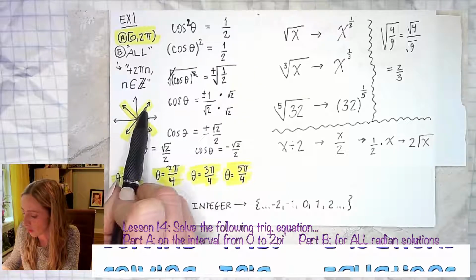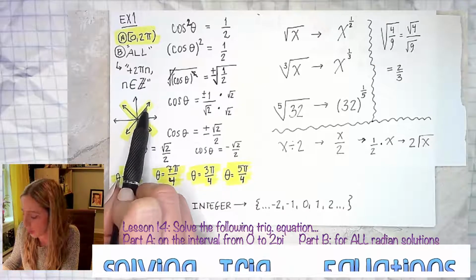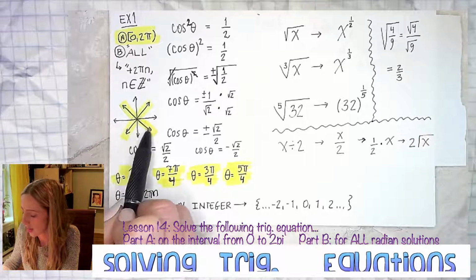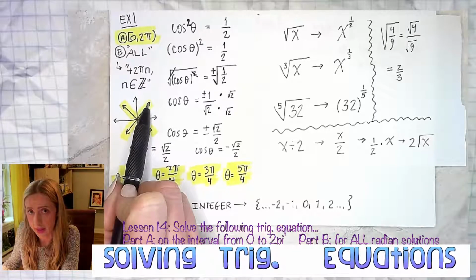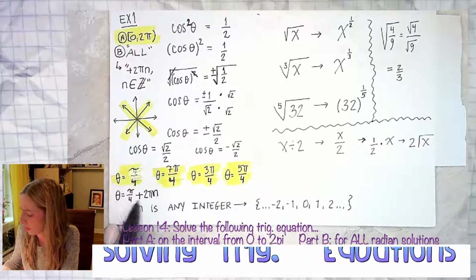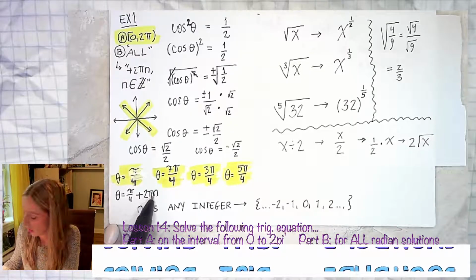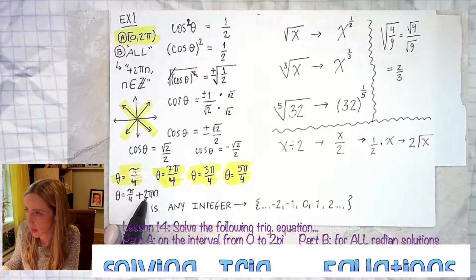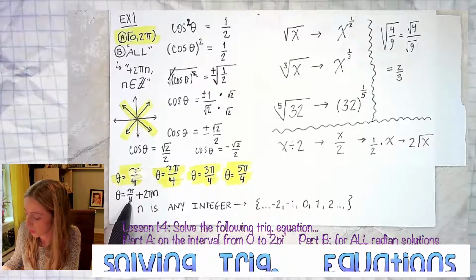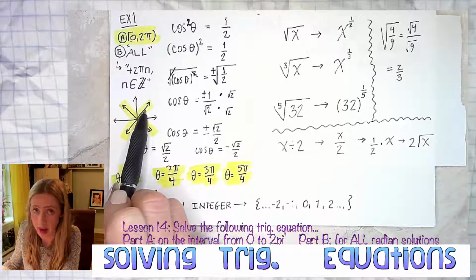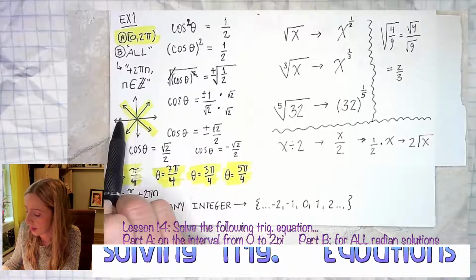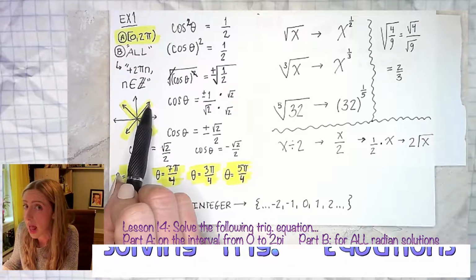If I keep counting the numerator: 1, 2, 3, 4, 5, 6, 7, 8, 9. Oh, that wouldn't be 8 pi over 4 if I plugged in a 2, right? I'm silly. If I plugged in 2, that's 4 pi, that would be 16 pi over 4. Plus 1 pi over 4 is 17 pi over 4.